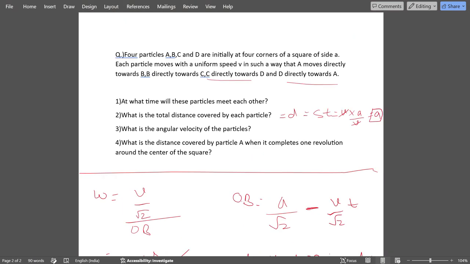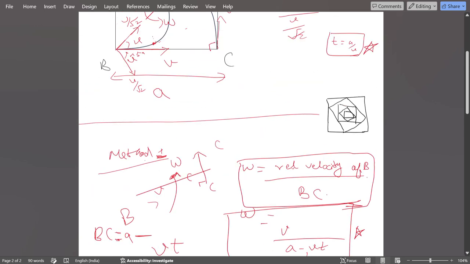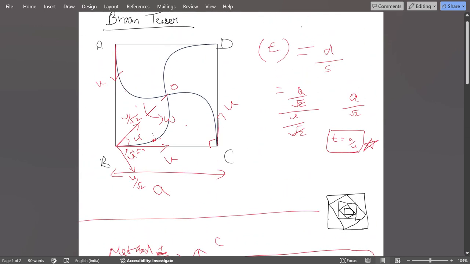So the last question asks us, what is the distance covered by particle A when it completes one revolution around the center of the square? Now that's an interesting question. The distance covered by particle A when it completes one complete revolution around the center of the square.